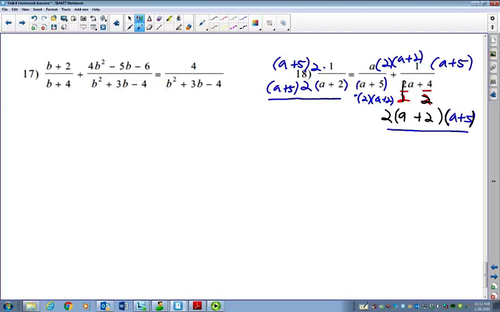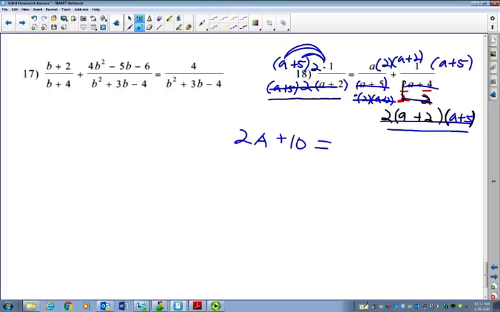Cool. So then we can now cross out and eliminate the bottom because we have all the denominators the same. We're just solving for a in the top. So now 2 times 1 is 2, and then we have to multiply that 2 through. So let's use capital A now. So 2 times a is 2a, and then 2 times 5 is 10.